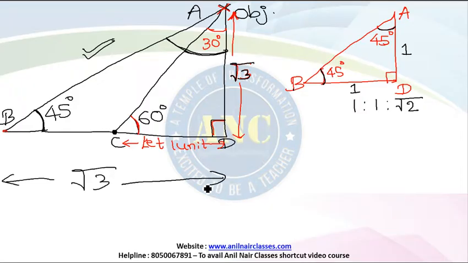I hope you are able to understand. If BD value is root 3 and CD value is 1, remove that 1 unit from the entire root 3. BC will become root 3 minus 1. I told you there is no need to remember all these values, you will get confused if you remember. So let us proportionately find it in our problems whenever it is required.